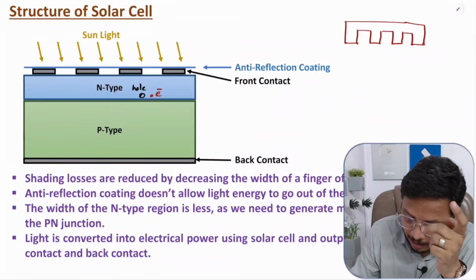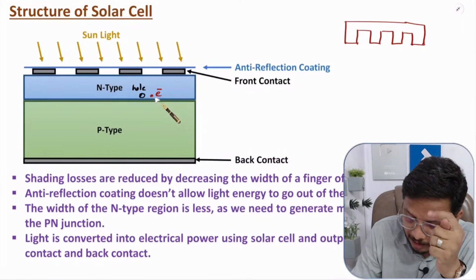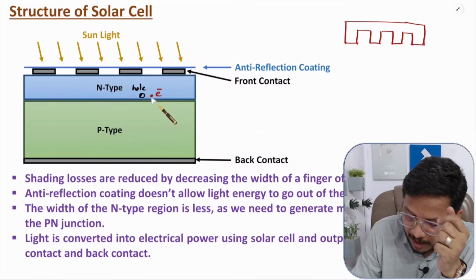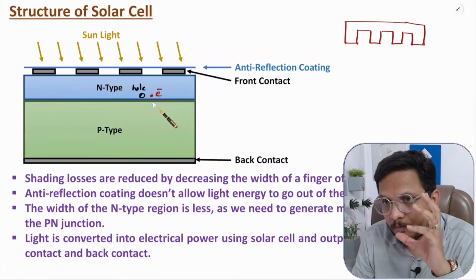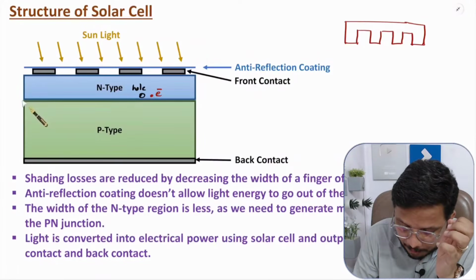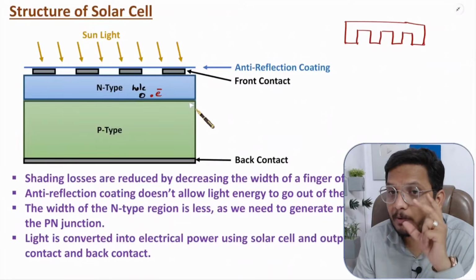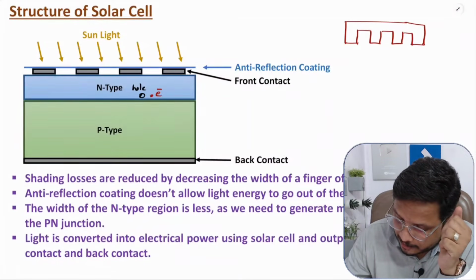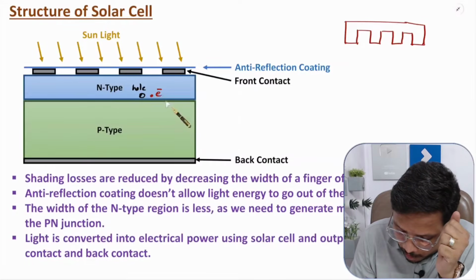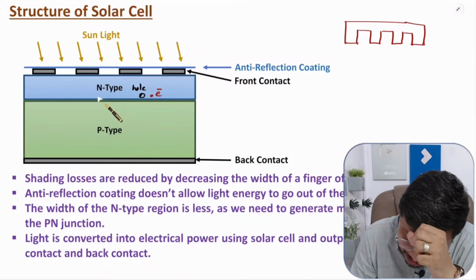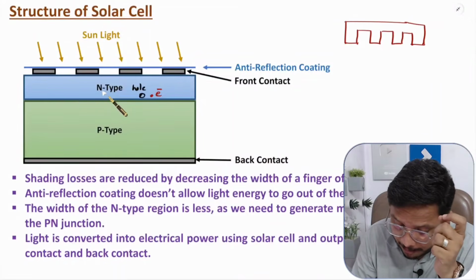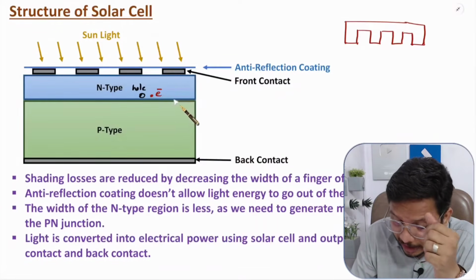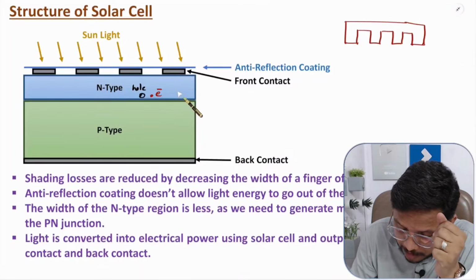Now see what will happen. This electron will be moving with respect to the electric field which is there at the PN junction. So you should know how the electric field is there at the PN junction. Let me draw it over here. When the junction is created, at that time the N-type layer is donating electrons, so it will be forming positive ions.